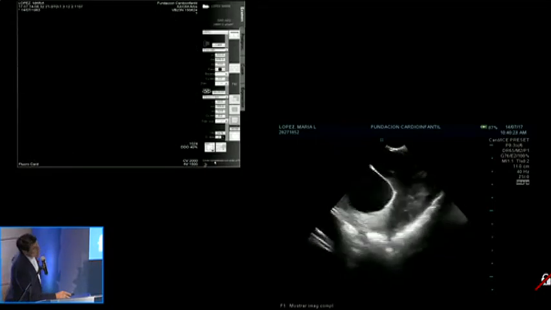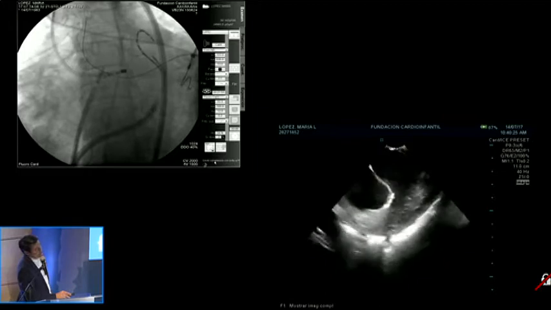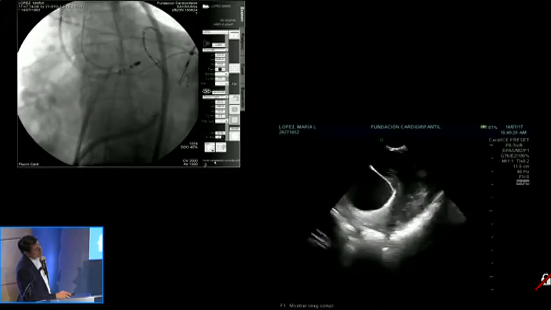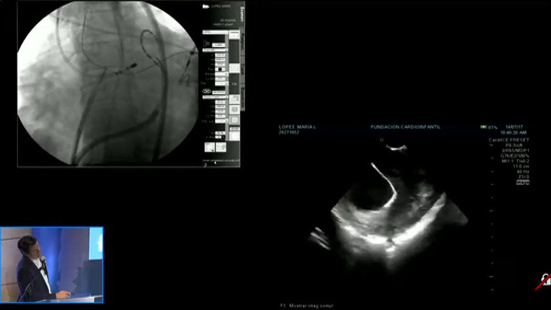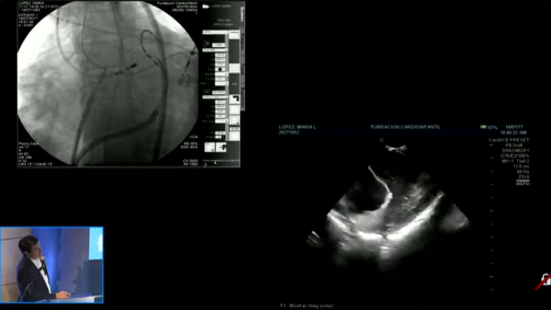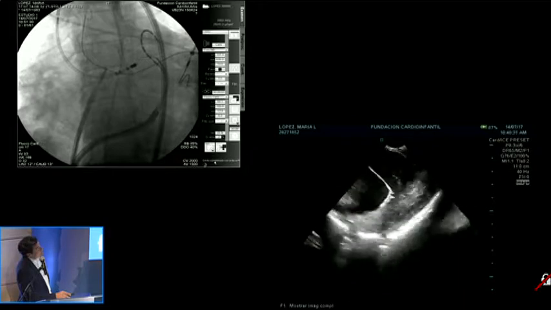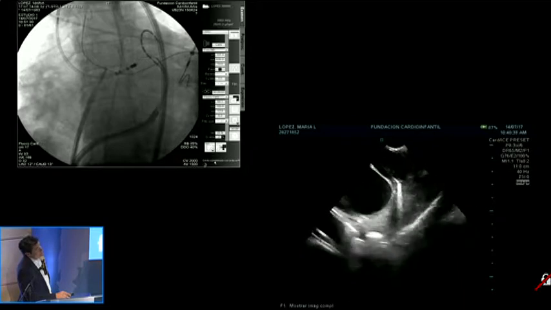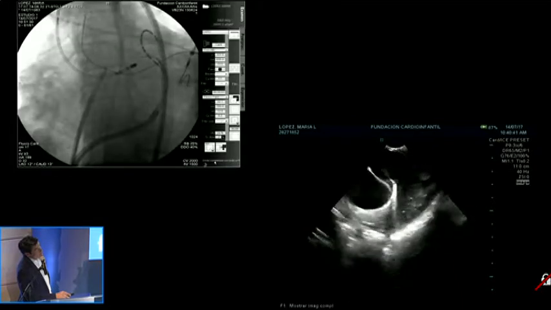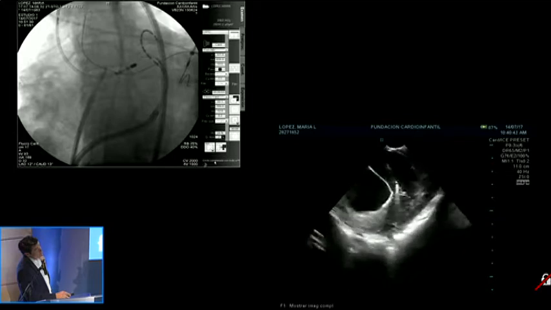Fermin, based on the location of the catheter on the echography, aren't we in the endocardial aspect of the summit? Yes, but we are more towards the valve. Yes, more basal than required. Yes, this is the lateral aspect of the summit.